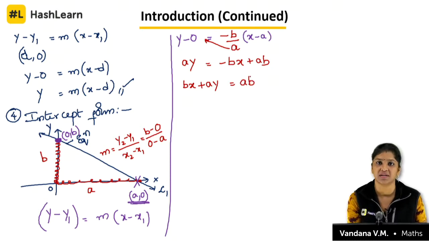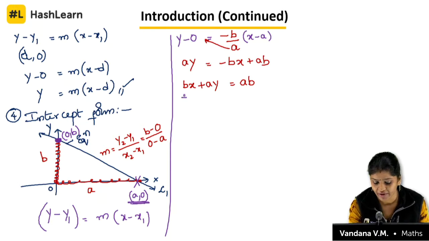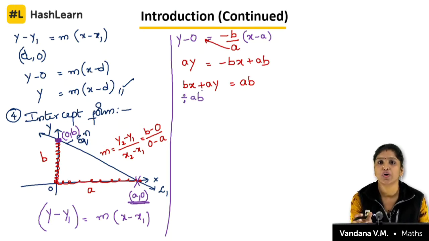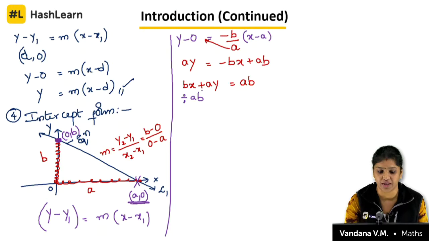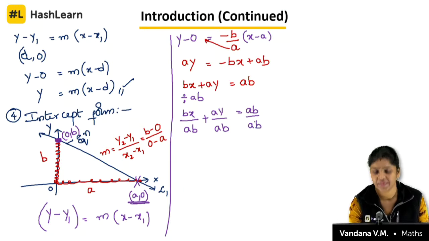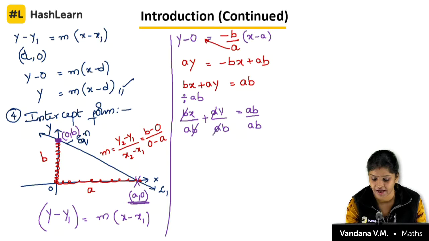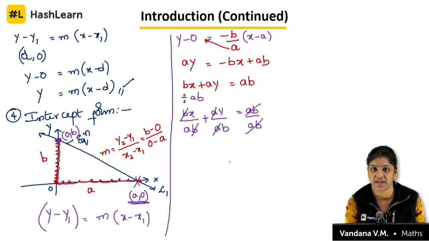Actually, this is the answer, but it is very difficult to remember. So, what will I do? I am going to divide the entire equation by ab. Look here what will happen: bx by ab plus ay by ab is equal to ab by ab. Clear, children? Now b will cancel, a will cancel, ab will cancel.